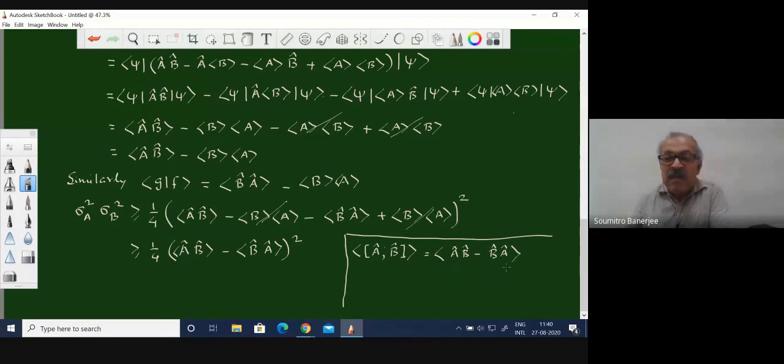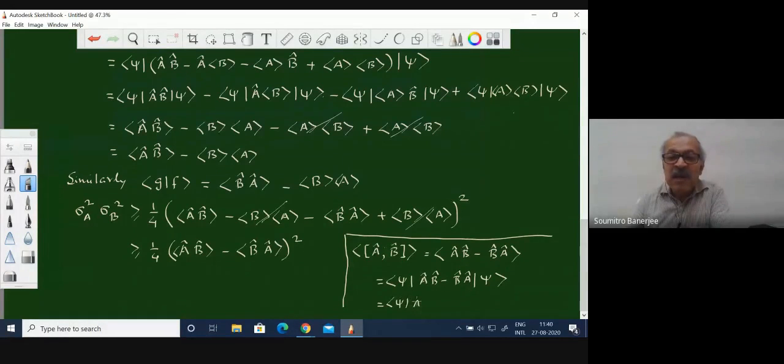Expectation value of anything is just the sandwich integral. So this can be written as psi, AB minus BA, psi. And since this is nothing but an integral with distributive properties, we can separate them out.